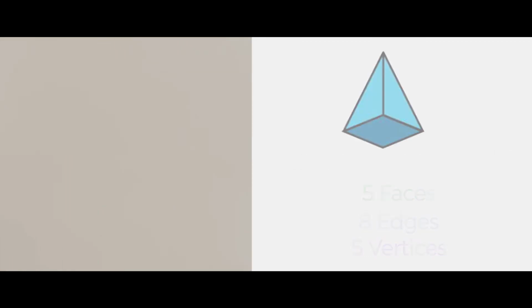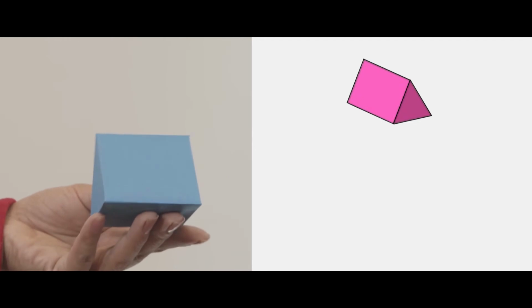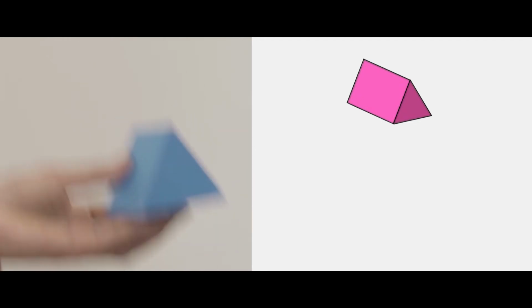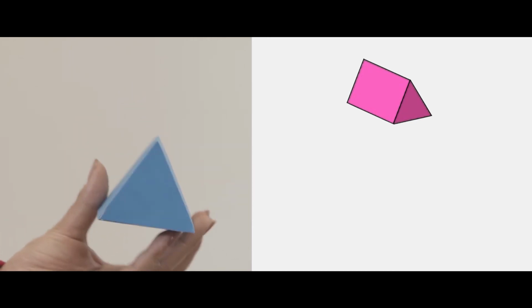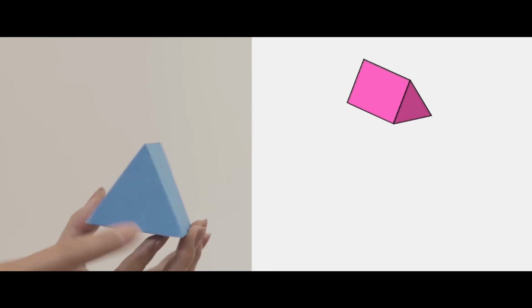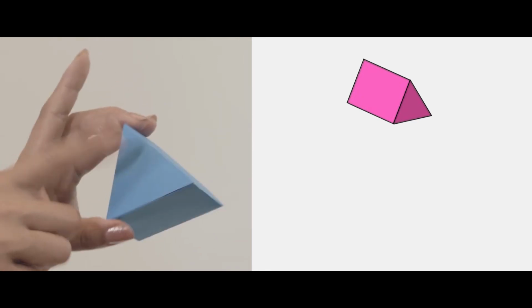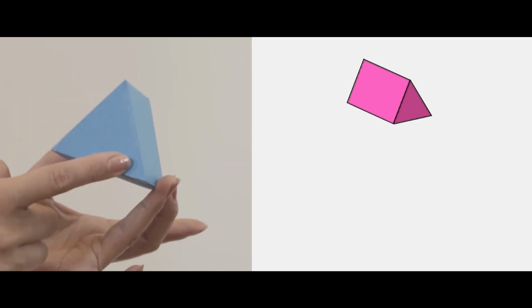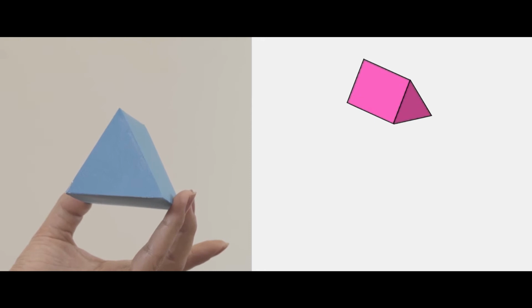Now let us look at another shape here. Look at this shape carefully. What is this shape? First tell me, is it a prism or a pyramid? This shape has 2 polygonal, congruent, and parallel bases. So this shape is a prism.